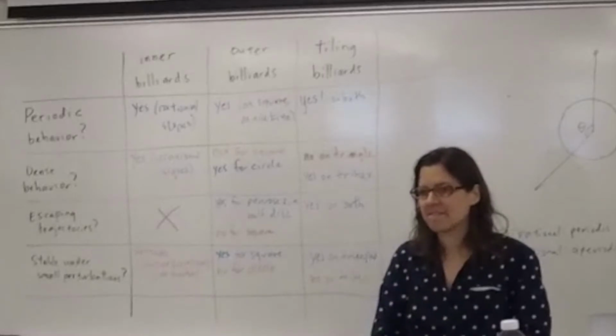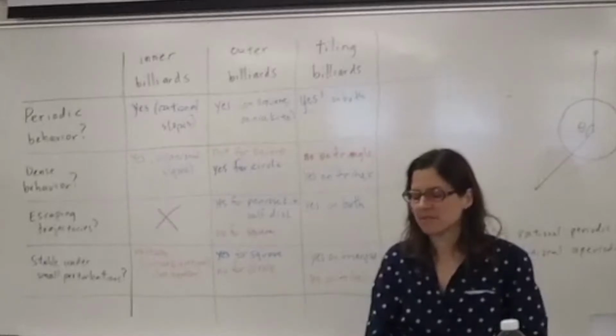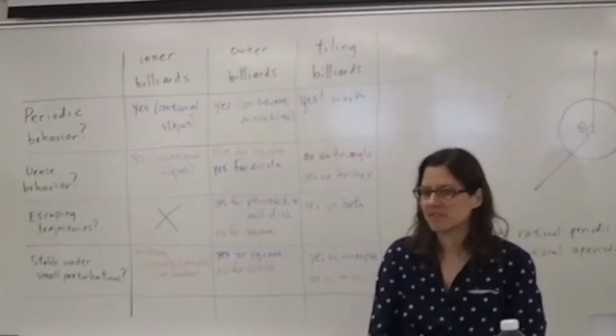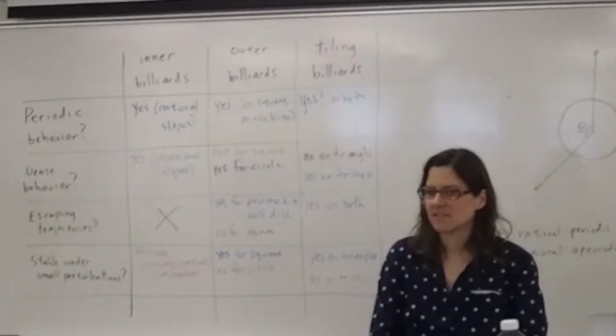On your hexagon triangle billiards tiling, is the reason it can be dense and unstable because you have two different shapes in the tiling, or is there something else going on?